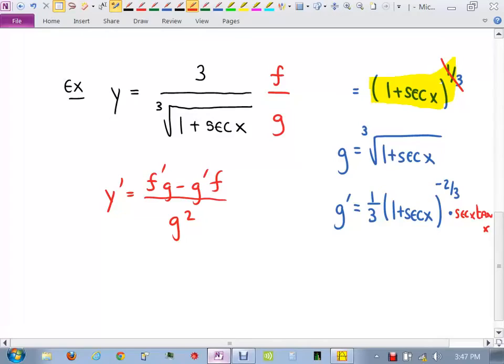Am I done with chain rule there? I started with the 1/3. I took care of that, right? Then after that, I multiplied times the derivative of what was inside, and that's right here. But I've done it because I did the derivative of 1 plus secant x all at one time. Because there were two terms, right? I did them each individually. So I've already taken derivative of secant.